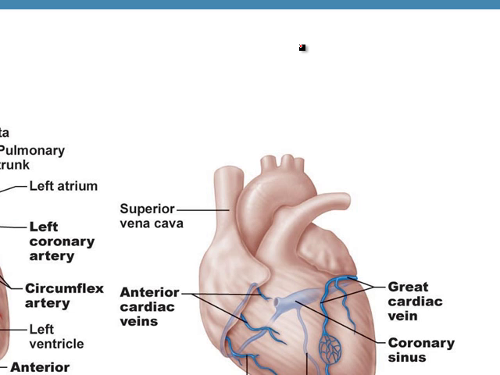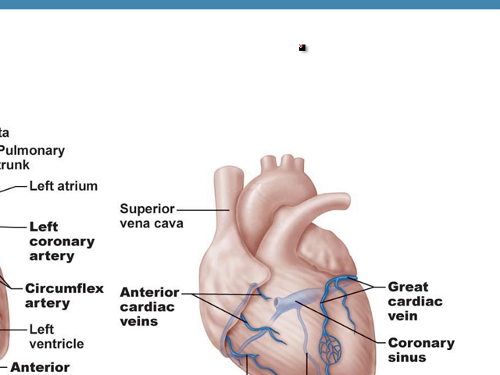If the blockage prevents blood from going to a certain section of the heart, what's going to happen to those cells? They're going to die. What's that called? A heart attack or a myocardial infarction. Okay? And that's because the cells are starting to die. That pump is not going to work as efficiently when those cells, or massive cells, start to be destroyed because they're not getting what they need.